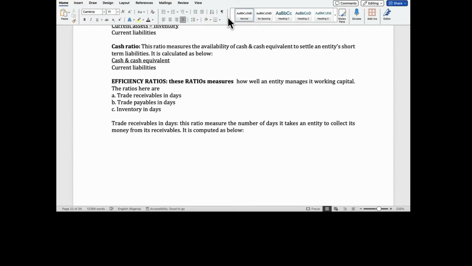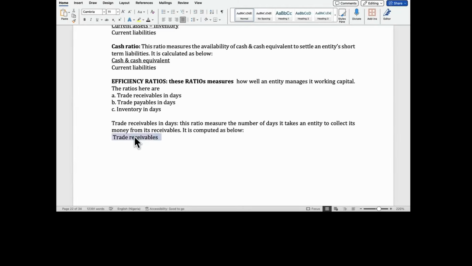Somebody said no. So tell us the answer. I thought it was going to be credit sales over receivables times 365. Okay. So it's actually what the other person said that is correct.